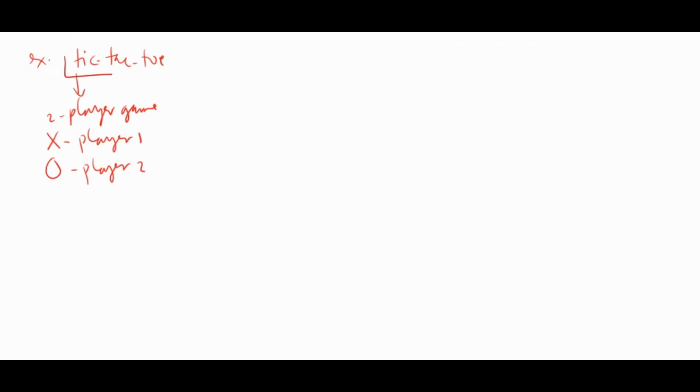Each player takes turns putting his mark on any vacant square of the board, which consists of 9 squares. Initially, at the start of the game, these 9 squares are vacant. So say this is the initial board state.